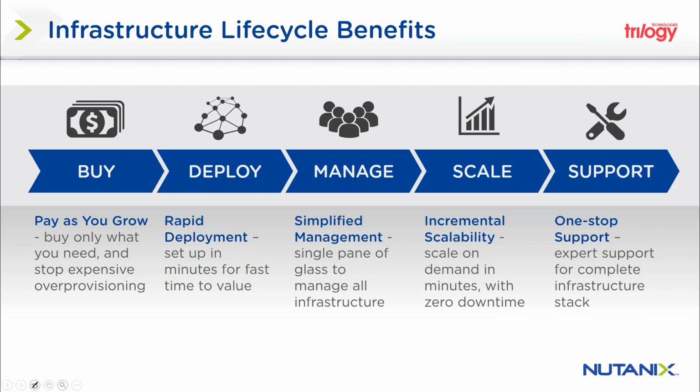So there are many converged systems out there, like VCE or VBlock, and FlexPod, which puts together, say, Cisco and NetApp. There's PureFlex, which I think is an IBM solution. Really what that does is it takes a legacy SAN and puts it in a rack with some off-the-shelf servers, pre-wires it, pre-configures it, and ships it to you.